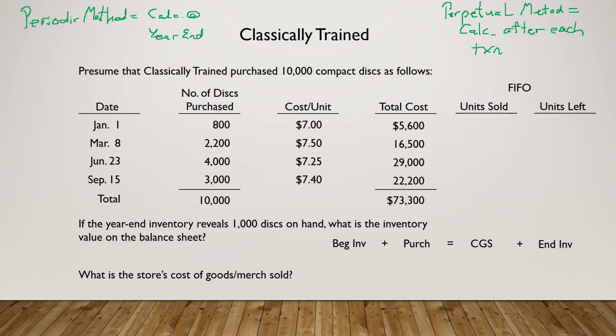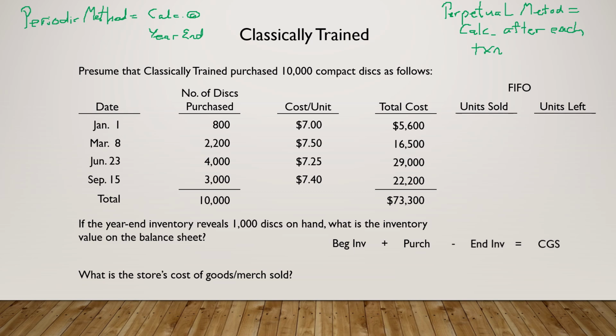Note that since we're expressing these terms as units, not dollars, cost of goods sold is just the units sold, not the cost of what was sold. If we subtract ending inventory off each side of the equation, the two terms on the right side will cancel each other out, and we'll have the following formula for cost of goods sold.